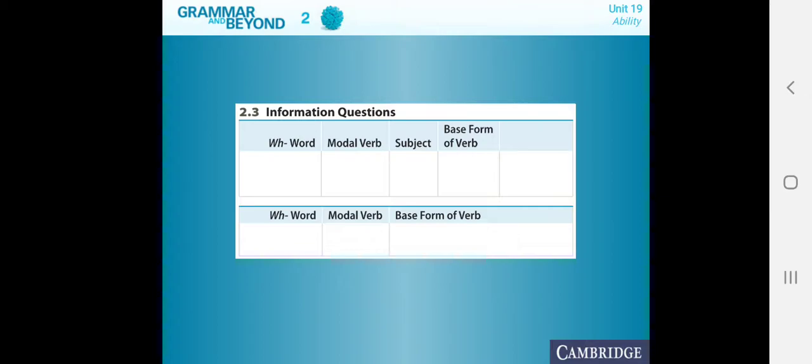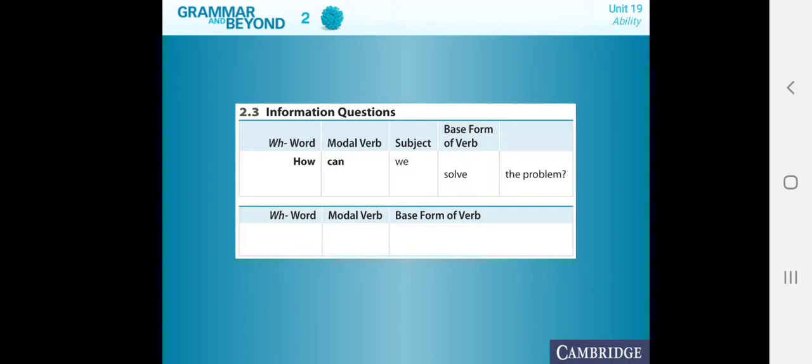We have some information questions as well. How do we create them? Well, we basically add a WH word at the beginning of a yes/no question. As you see, the WH word is at the beginning, and then we have the basic pattern of a yes/no question. For example, how can we solve the problem?